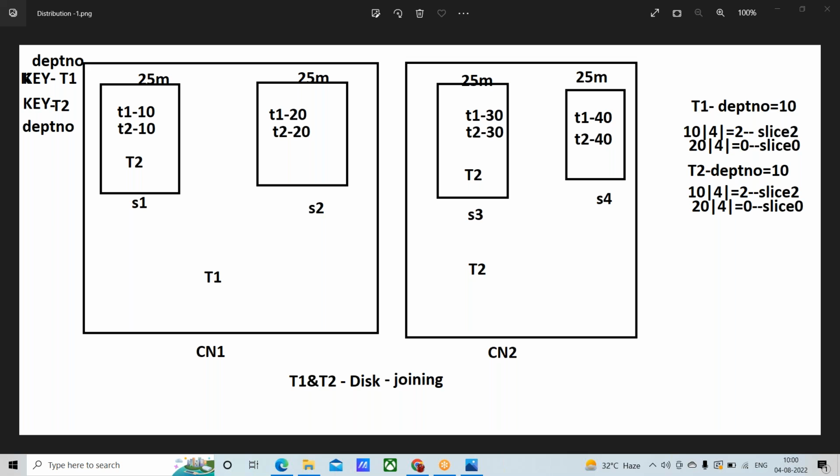If you have two tables based on the same distribution key, the key should be the same in both. That's always better because they are in the same place. They can talk, they can walk. If you go to the office, you can do anything. You can talk, you can walk, you can go to the canteen, you can ask doubts. If you don't know something, you can come and ask me, because we sit together.